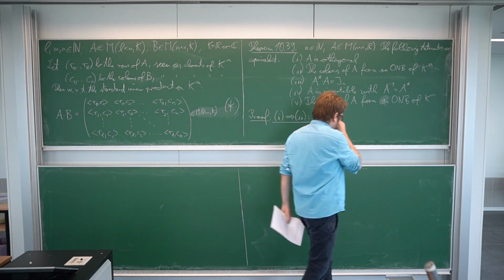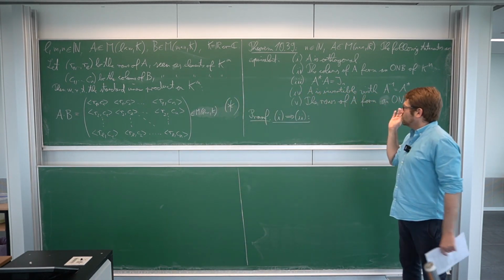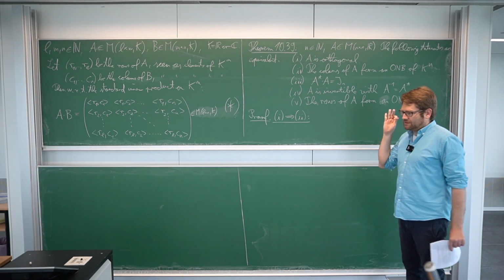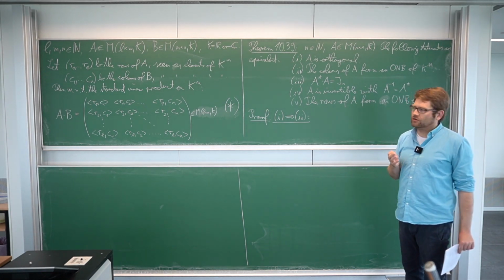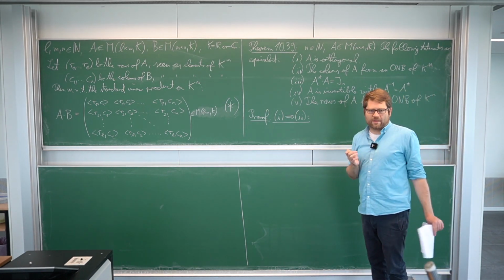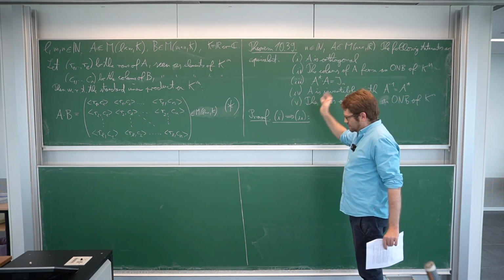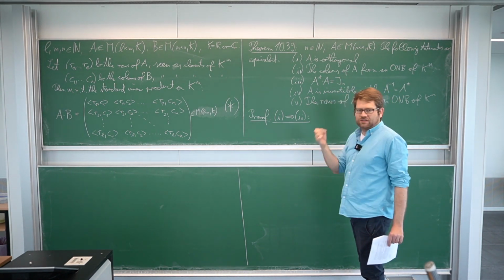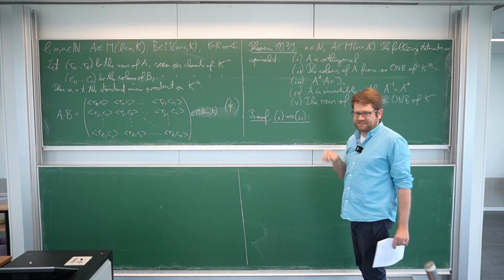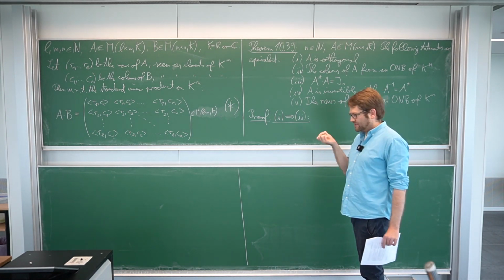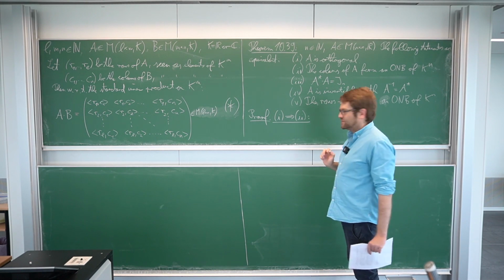Now, if A is orthogonal, what can be seen in what are the column vectors of a matrix? This is something I would ask the audience who remembers. The columns are the images of the canonical basis vectors under the application of the matrix. This is what we've seen before.